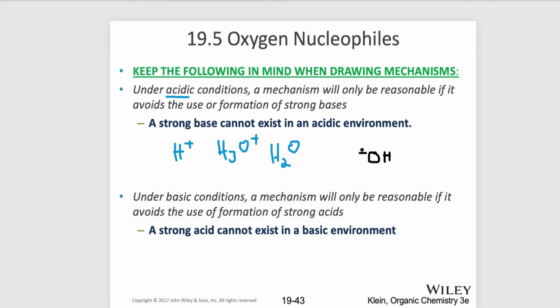So this will not exist. You cannot use this in any mechanism. Sometimes students think that, oh, it's going to save me a step because it quenches the charge, but this is really wrong. So we're going to cross this out, okay?